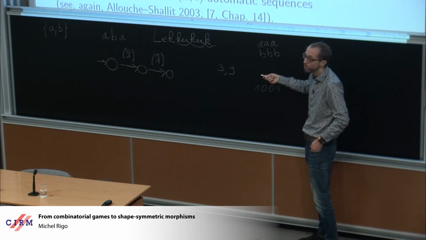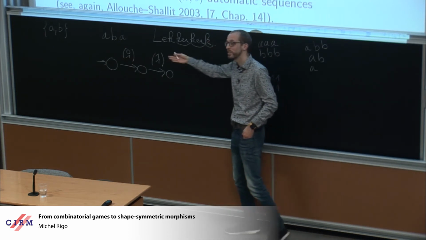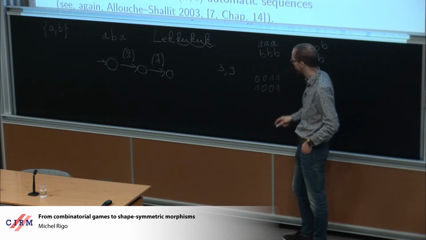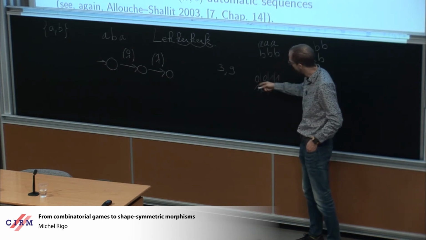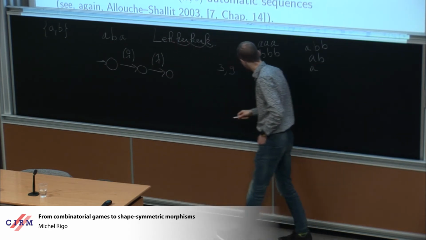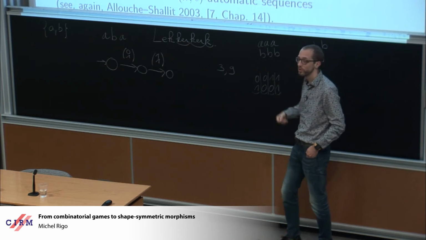To be able to enter those words into your automaton, you just have to put extra zeros here. And so these two words, you cut them like this, and you will enter the automaton by reading pairs of digits, and then you can do the job.